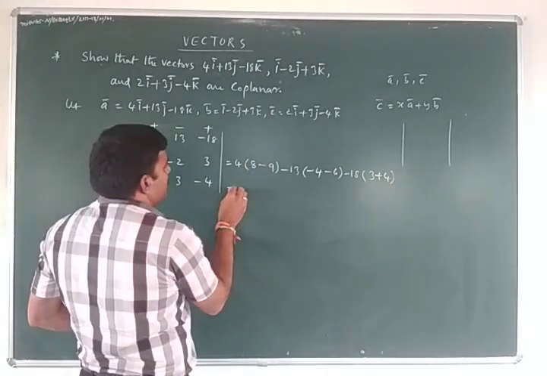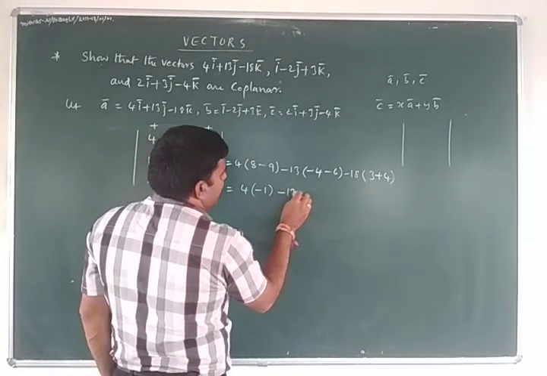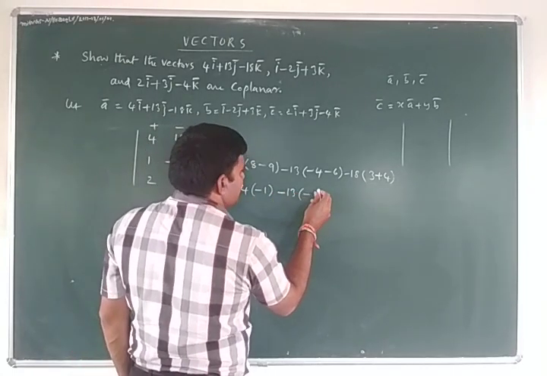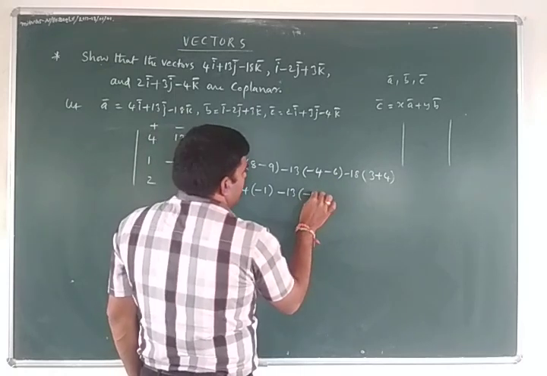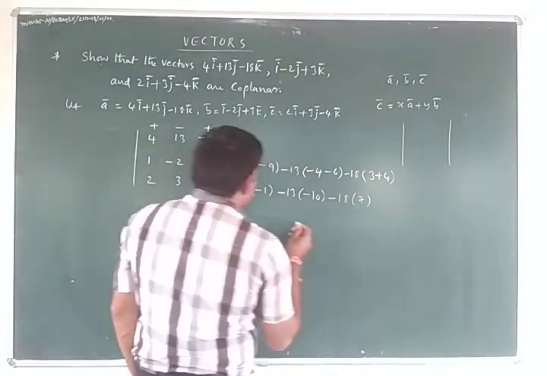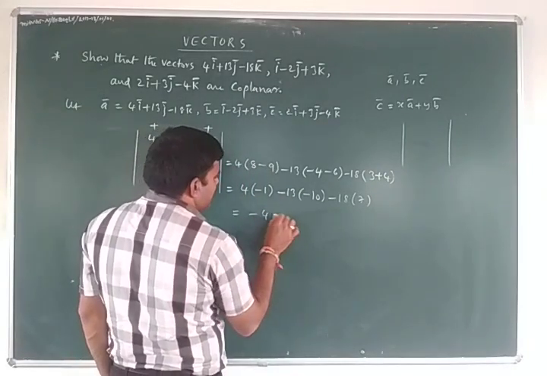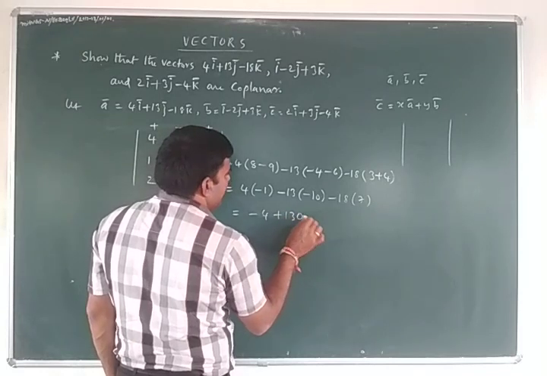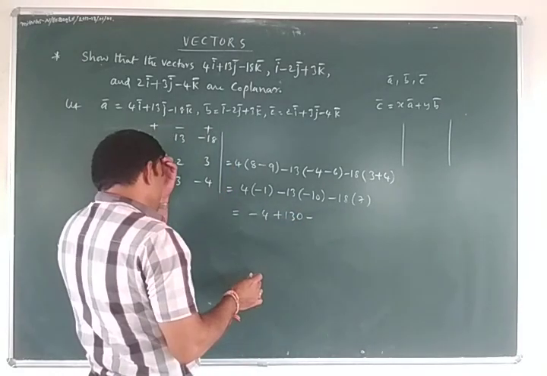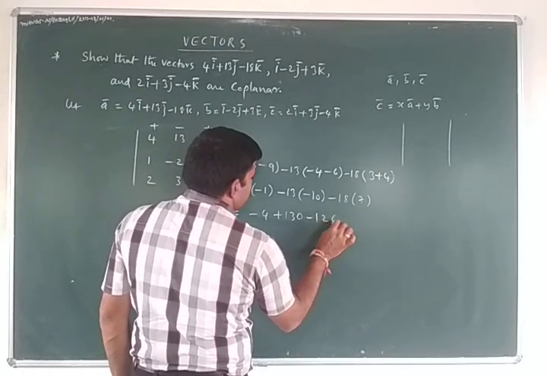So this is equal to 4 into minus 1, minus 13 into minus 10, minus 18 into 7. So this is equal to minus 4, and minus into minus gives plus 130, minus 126.